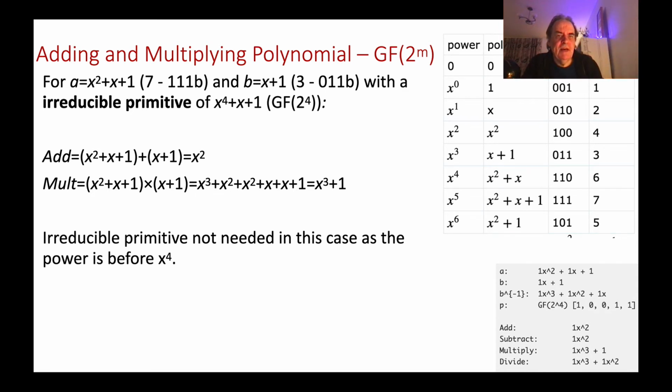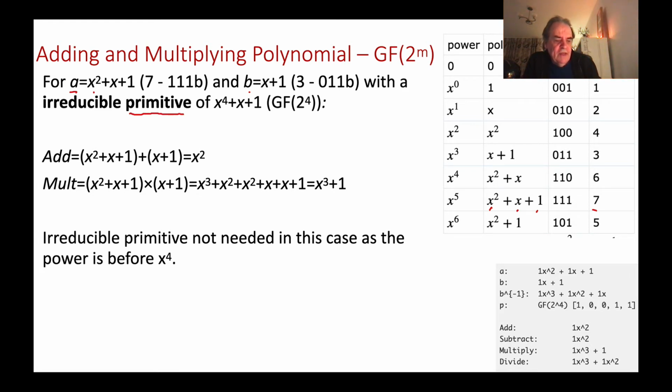Okay, so let's take an example where we have a equal to 1, 1, 1, or decimal 7. That will be x squared plus x plus 1. And the b value is x plus 1, which is 0, 1, 1 in binary. And then we have a bit pattern called a primitive.